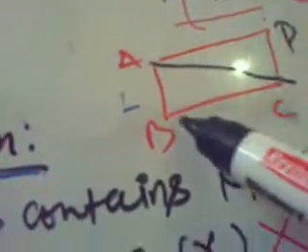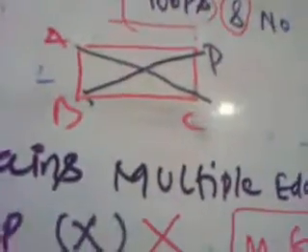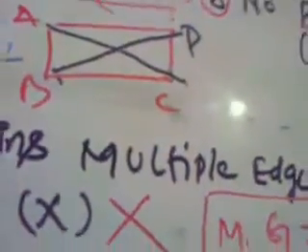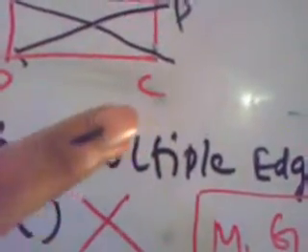Suppose this is A, B, C, D, four vertices. We can join every vertex to the remaining vertices. A is connected to B, C, D, and B is also connected to C, D, A. C is also connected to D and A.